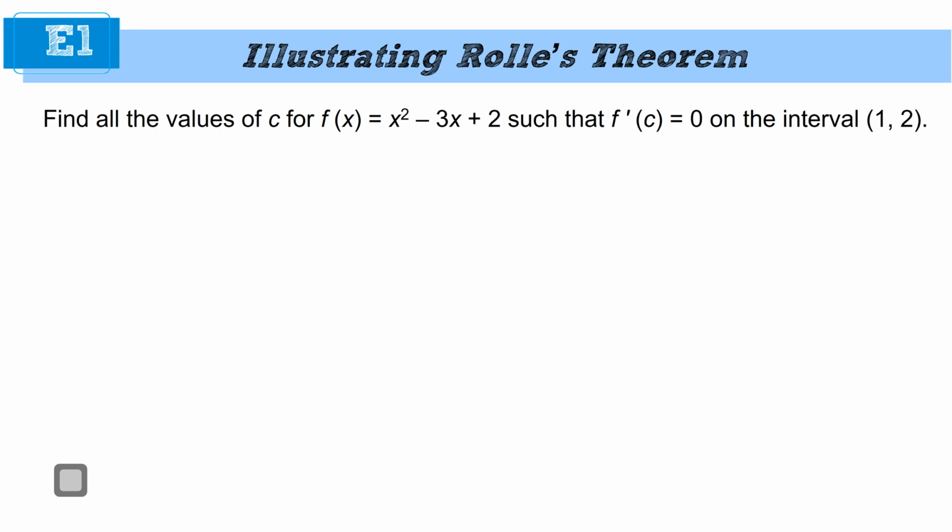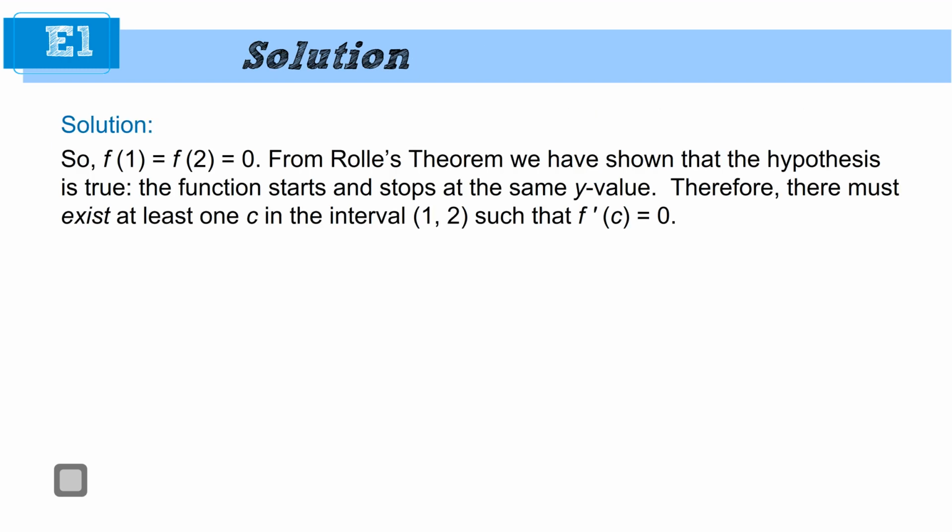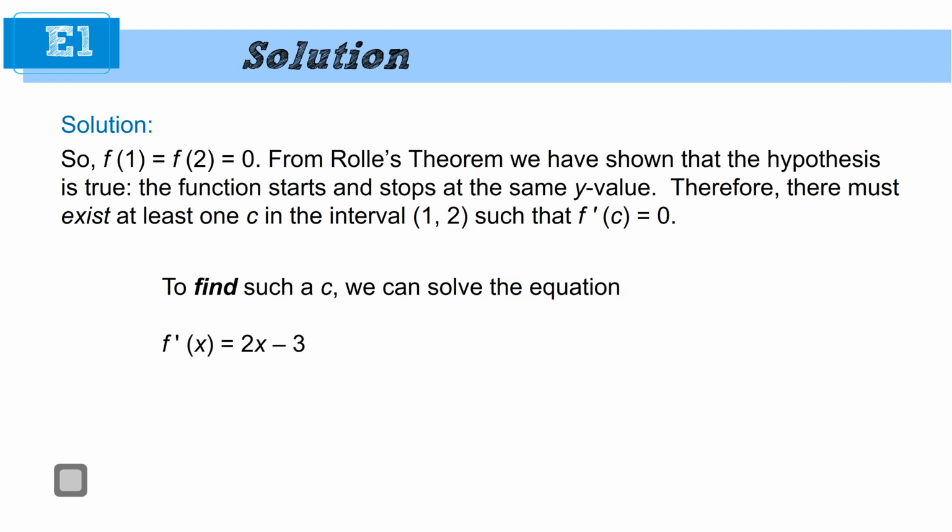It's a polynomial. Beautiful. And all polynomials are continuous, and it's differentiable because, no, careful, because we know it's a parabola, so we should be good to go. Parabolas are differentiable. So then we need to find out where f prime of c is equal to 0. Take the derivative, set it equal to 0, and solve.